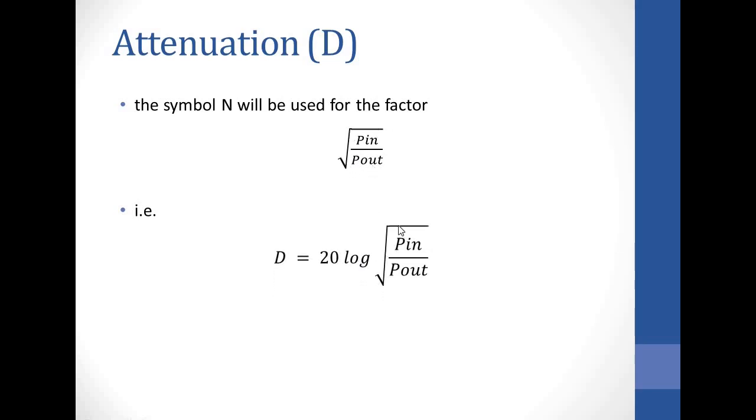And then, if you know your logarithm, if you root this part, in order to cancel the effect you can multiply by 2 to get 20 log root P in over P out, where this part is equal to N. So attenuation D is equal to 20 log N.